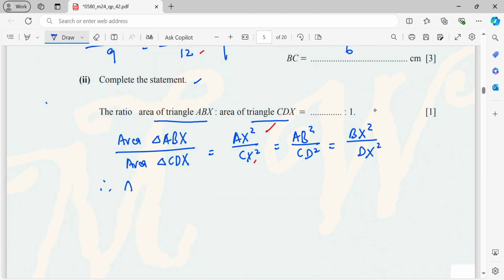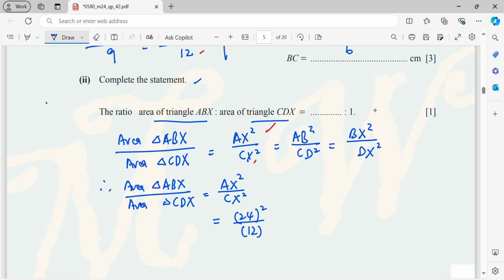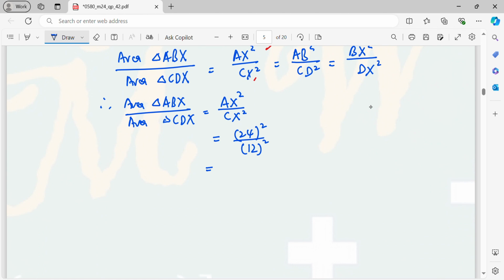From here I will write the area of triangle ABX over the area of triangle CDX. I will be choosing AX squared over CX squared. That is 24 squared over 12 squared. Since both are squared, I will just combine the squares. I will take out the squared and combine together. That means this is going to be 24 over 12, then I will get 2 squared, which is 4.